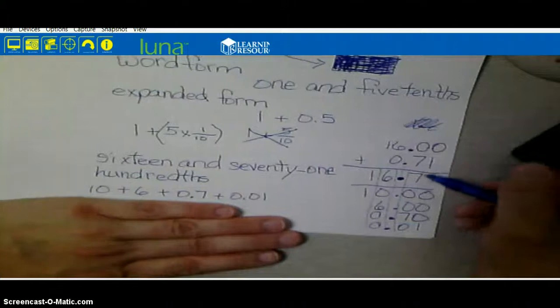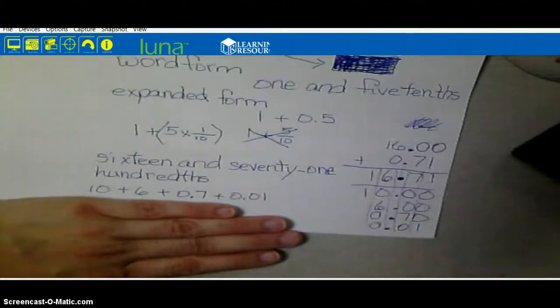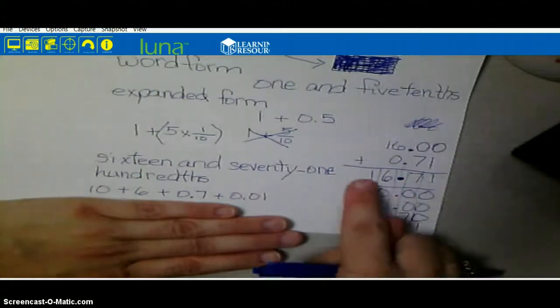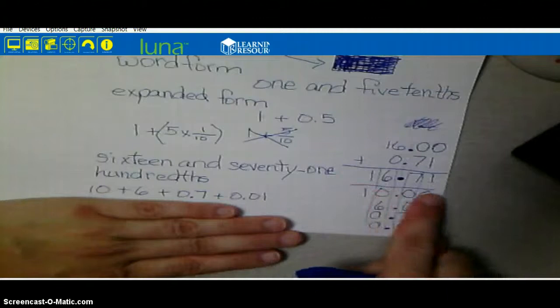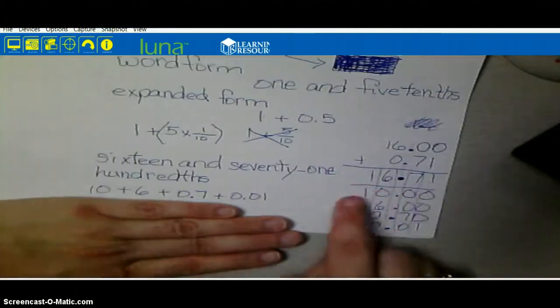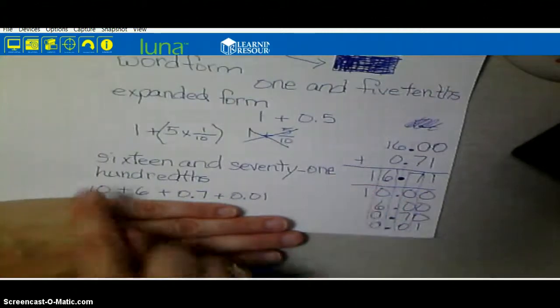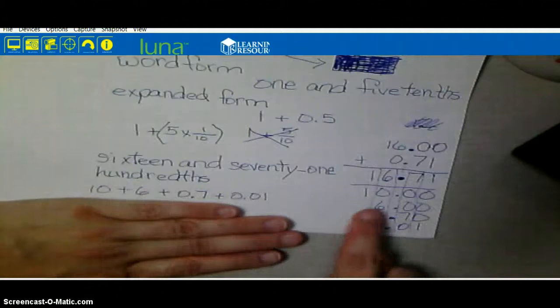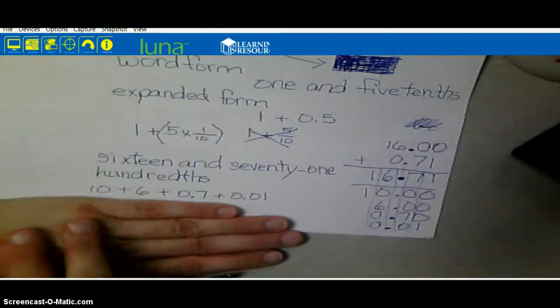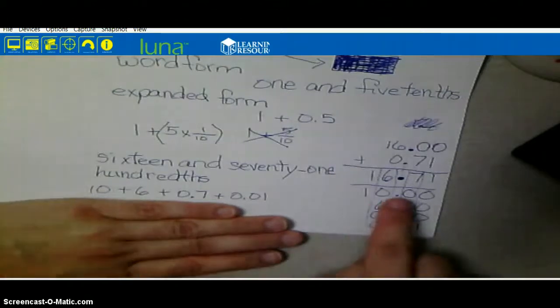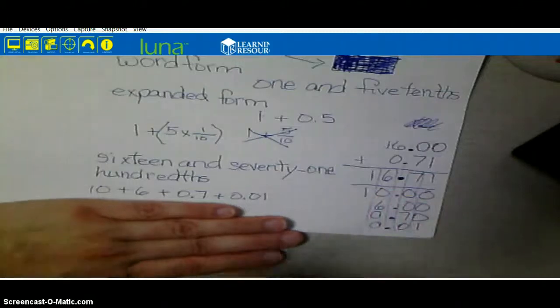Okay, I lined up my decimals and I didn't get rid of my decimal points. So the 1 was here, and remember all the other numbers had to be zeros. So 16 is really made up of 10 and 6. And if I wanted to make those whole numbers into decimals, I had to put the decimal point at the end and then put zeros after it.